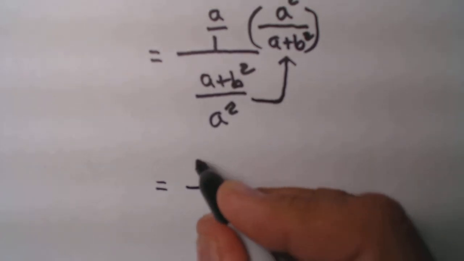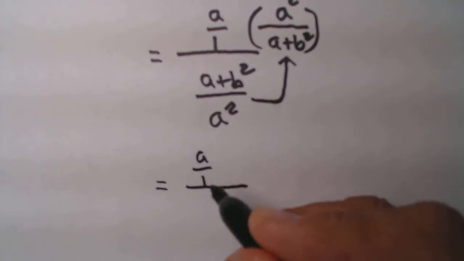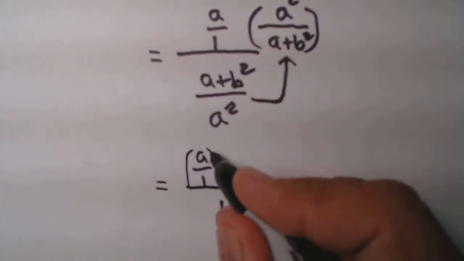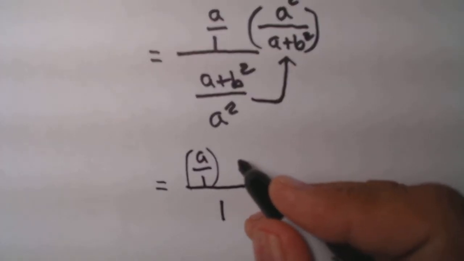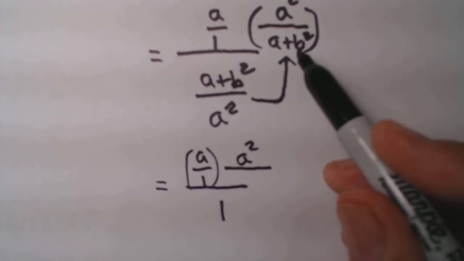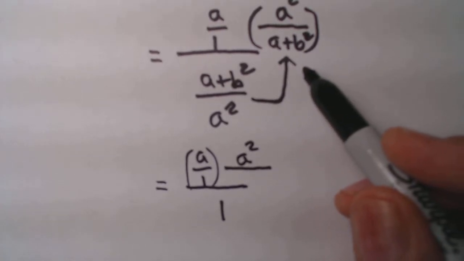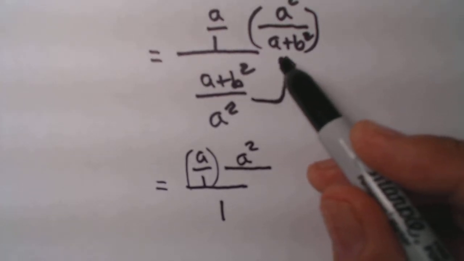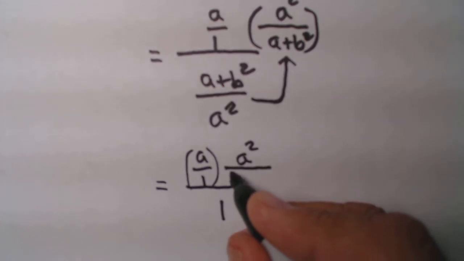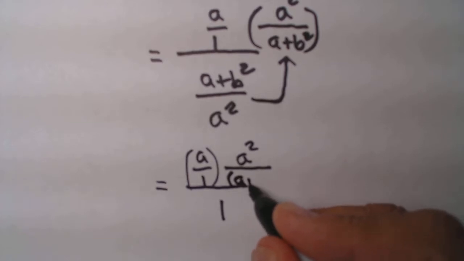Upstairs, I've got a over 1, okay, times a squared. Here it is. This guy here is multiplying this guy. A squared. Now, you have to factor these if you can to see if you can reduce anything. And notice the downstairs here, the a plus b squared does not have a common factor.